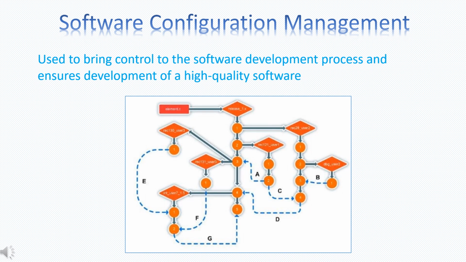So if something goes wrong, software configuration management can determine what was wrong, what was changed, and who changed it, and then implement an intelligent resolution.